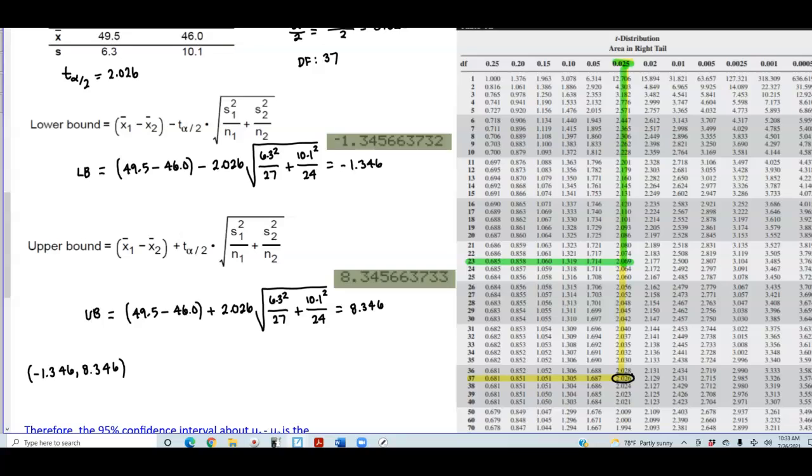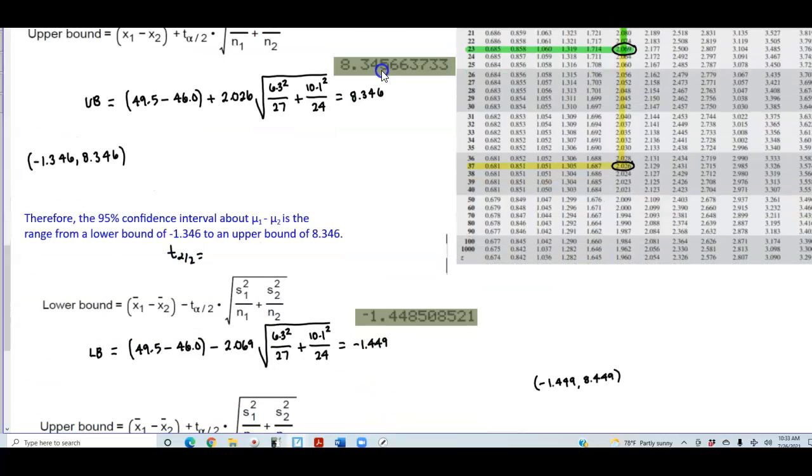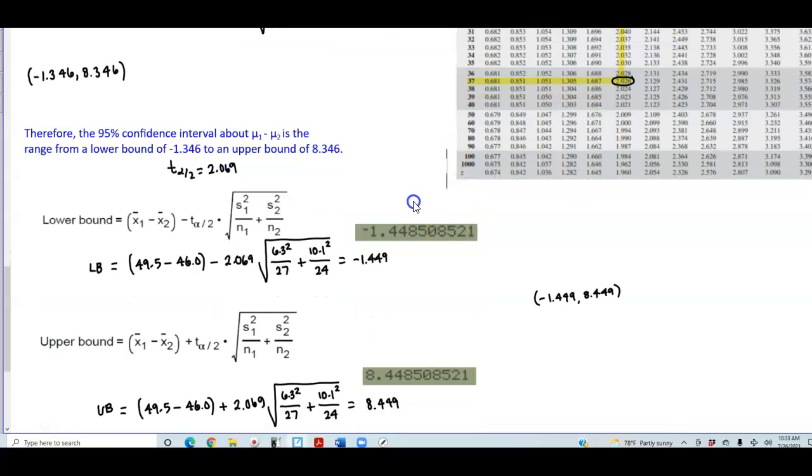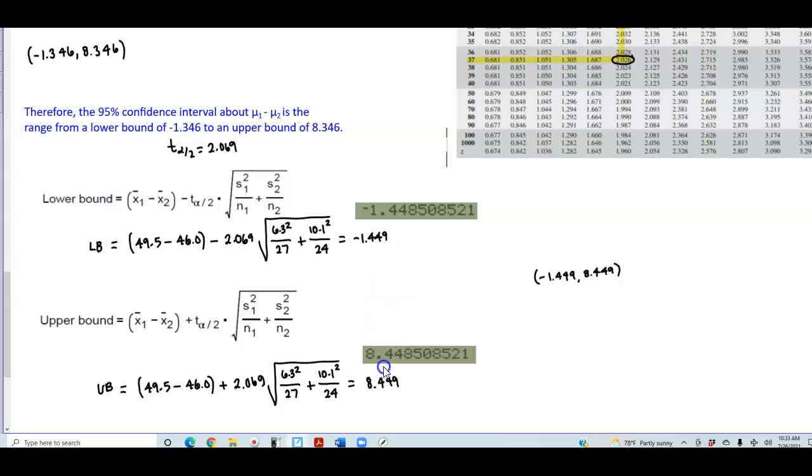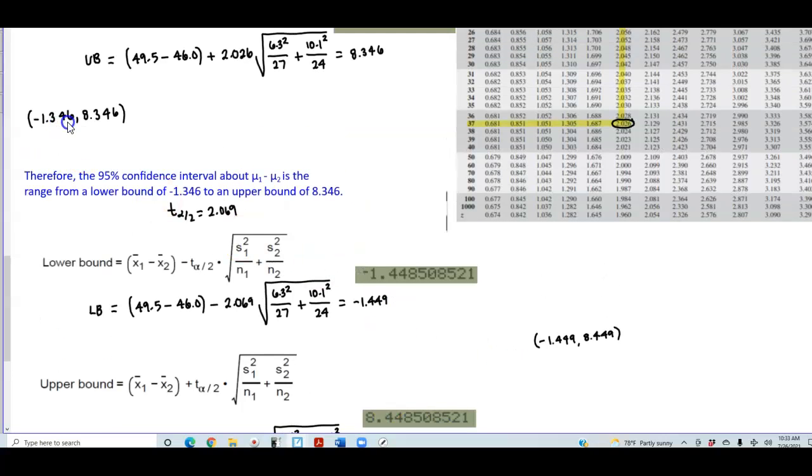So we would see that the critical value is 2.069, and all the other information would stay the same. When we round it to 3 decimal places, you can see that our numbers are just slightly off a little bit more, because it's negative 1.449 and 8.449. So again, it just depends on which degrees of freedom you're going to use.